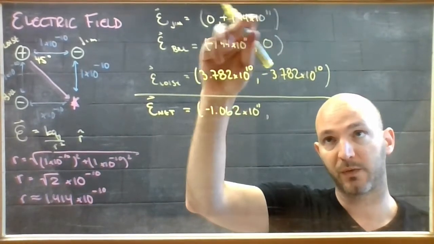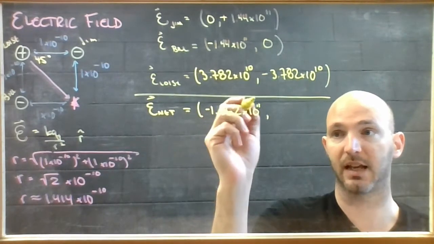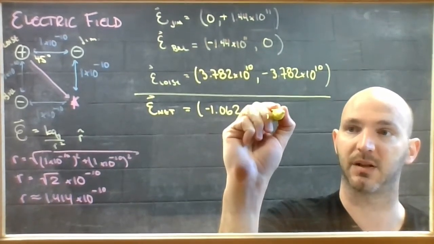And 1.44 times 10 to the 11 subtract 3.782 times 10 to the 10 is going to give me exactly the same number.